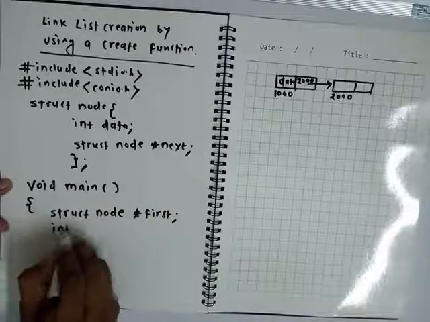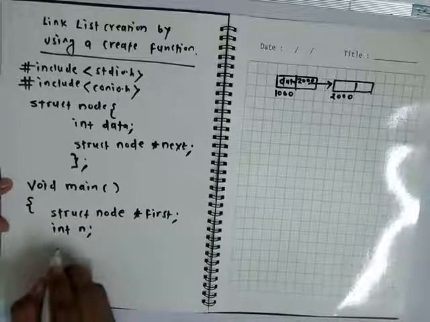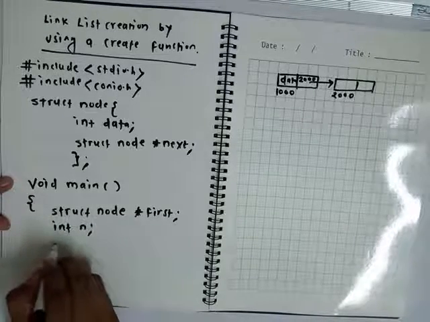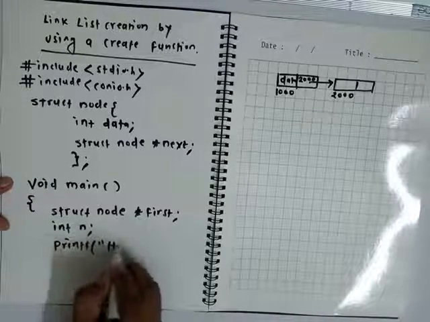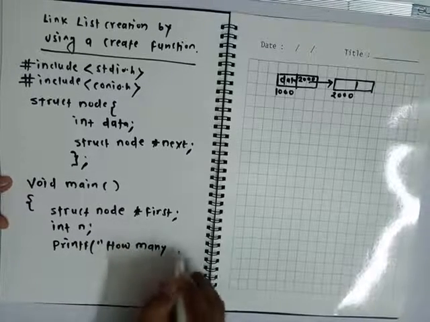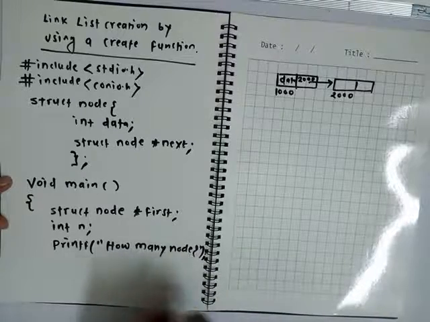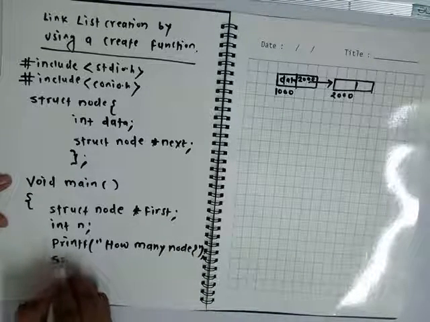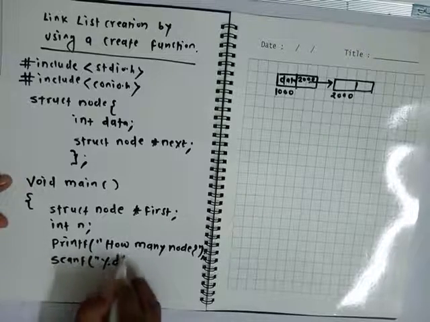Then int n, that is the number of nodes in the linked list, right? Then I'll ask the user, printf how many nodes in the linked list. User will enter some value. That value will be stored in n.